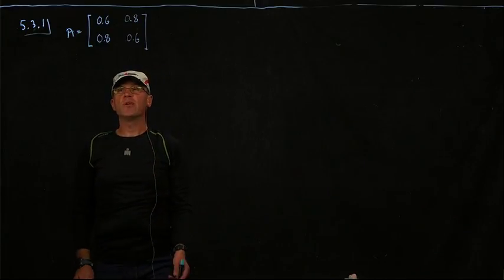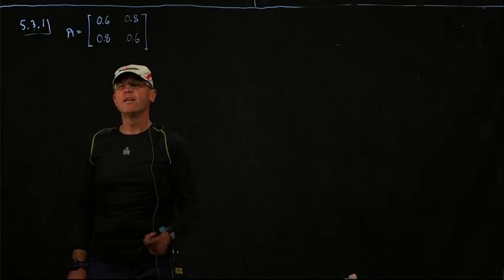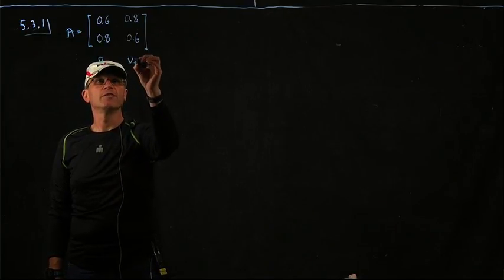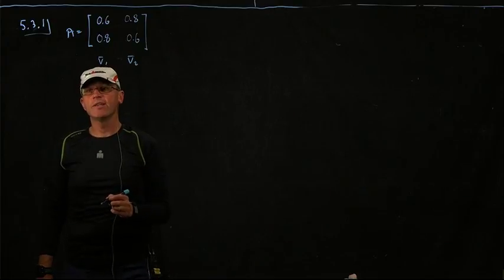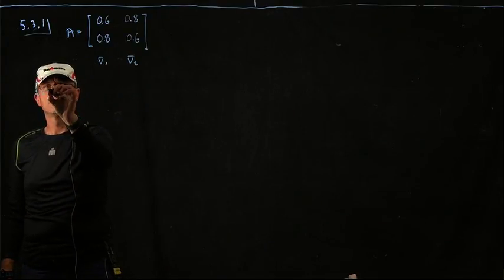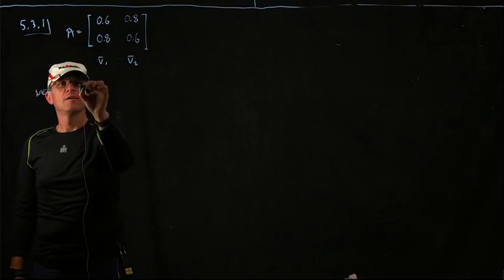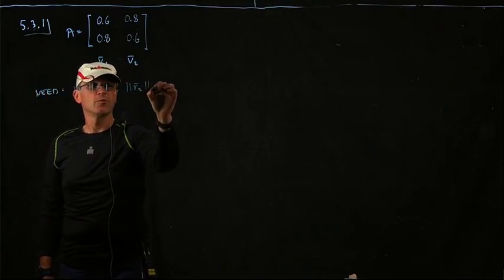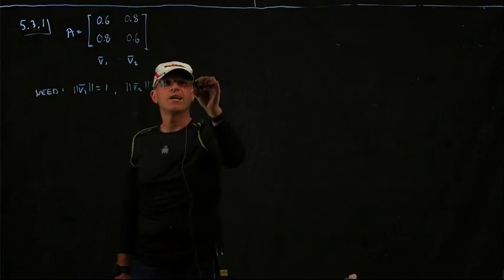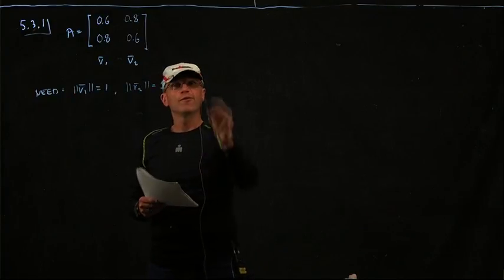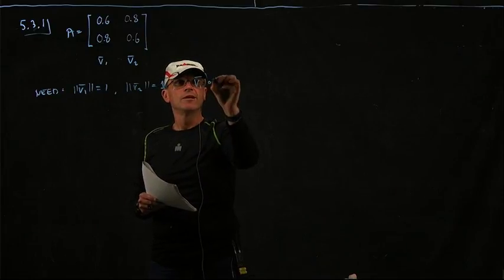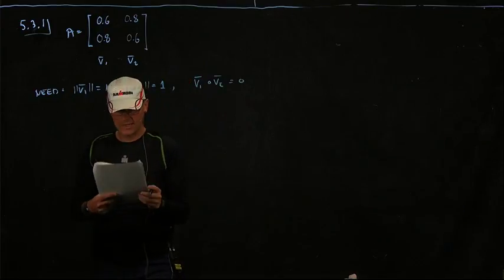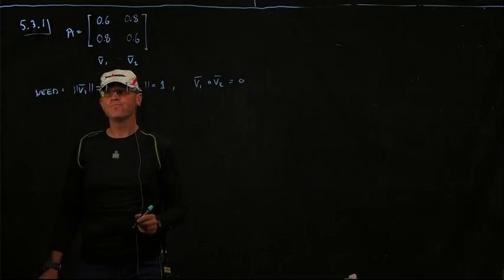So what does it mean for a matrix to be orthogonal? We should have that the columns, I'll call them V1 and V2, should be length 1. So we need the length of V1 to be 1, the length of V2 to be 1, and we should have that they are orthogonal, so V1 dotted with V2 should be 0. That's what we're checking.